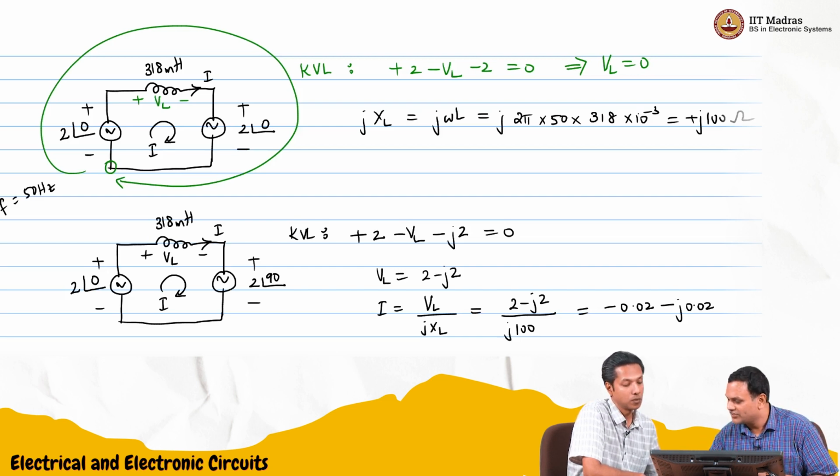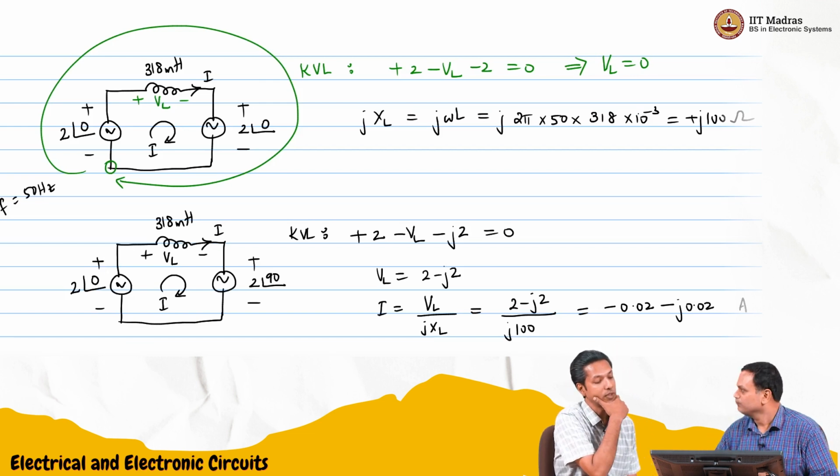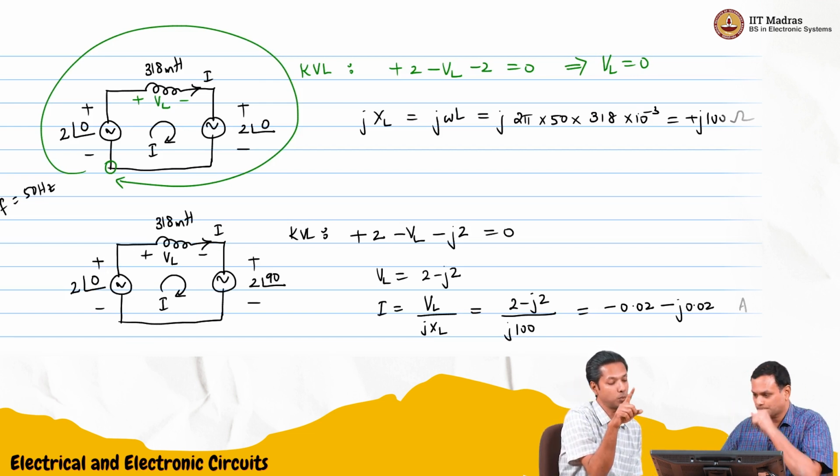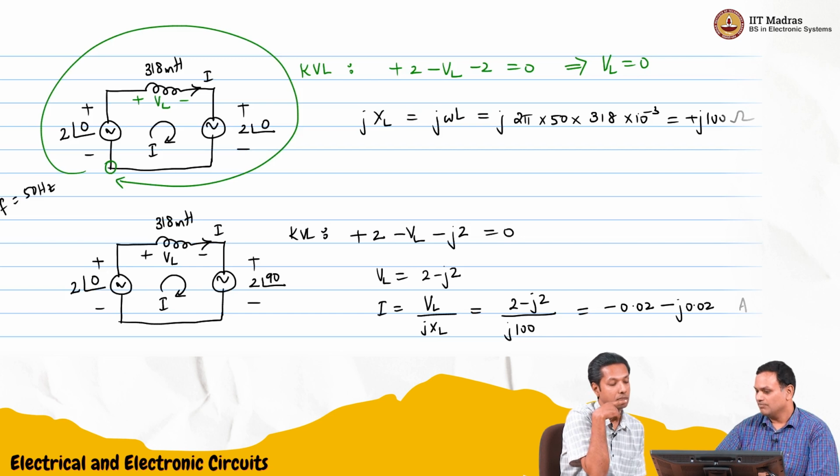Minus j2 by j100 is minus 0.02. So it gives you minus 0.02 minus j0.02 amperes. Suppose it was 0.02 plus j0.02, then it would be 45 degrees. But both are negative, so this must be in the third quadrant.